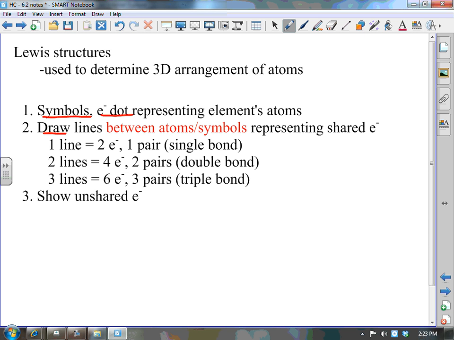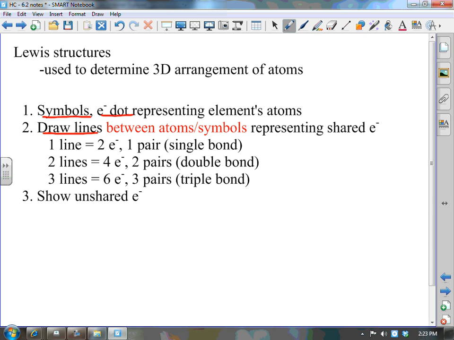We're just simply going to draw a line between the atoms and the symbols. And if we draw one line, we're basically saying 2 electrons are being shared between those 2 atoms, or 1 pair. If we draw 2 lines, then we basically mean 4 electrons, or 2 pairs. Okay? And if we draw 3 lines, it represents 3 pairs.